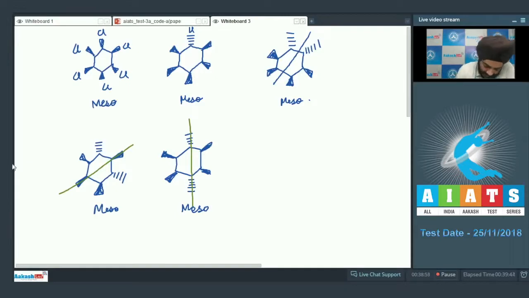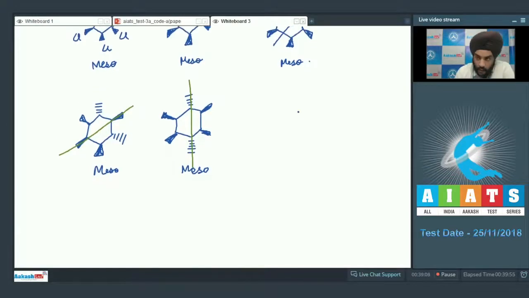So let us now try and draw structures in which there are 3 chlorine atoms going away from us inside the plane of paper. So we can have 1, 2, 3.